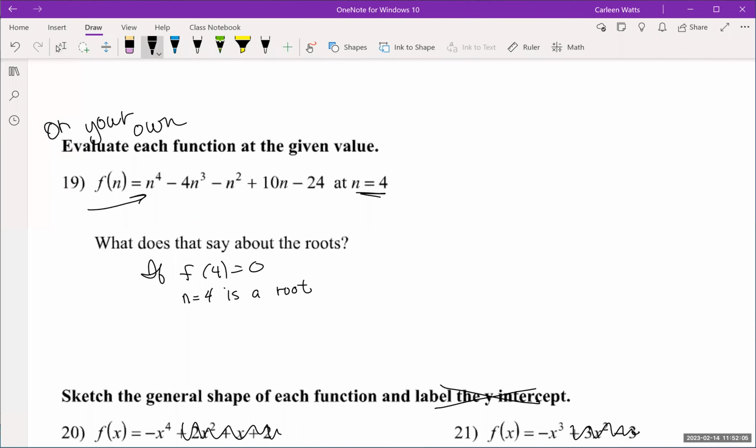All right, let's plug it in. F of 4. My brain kind of jumps.